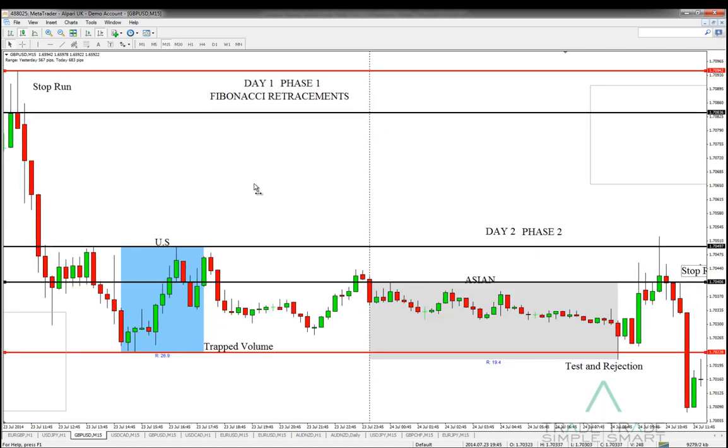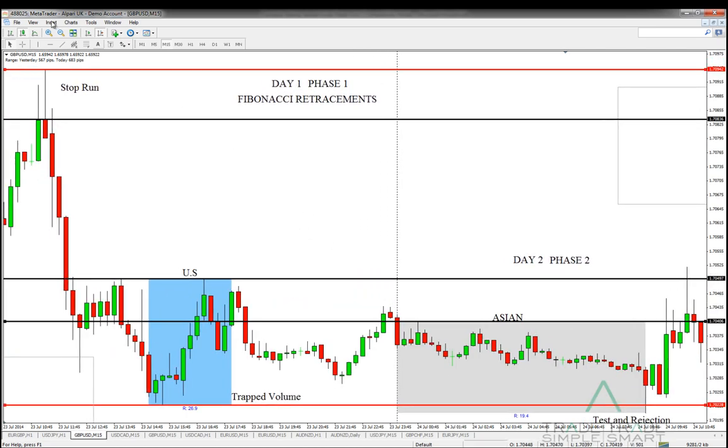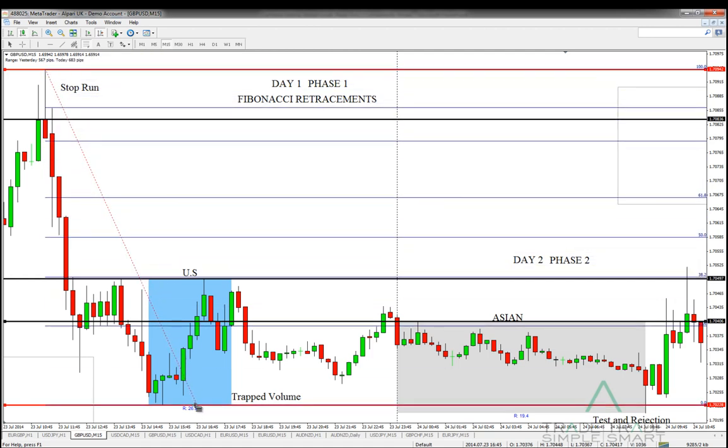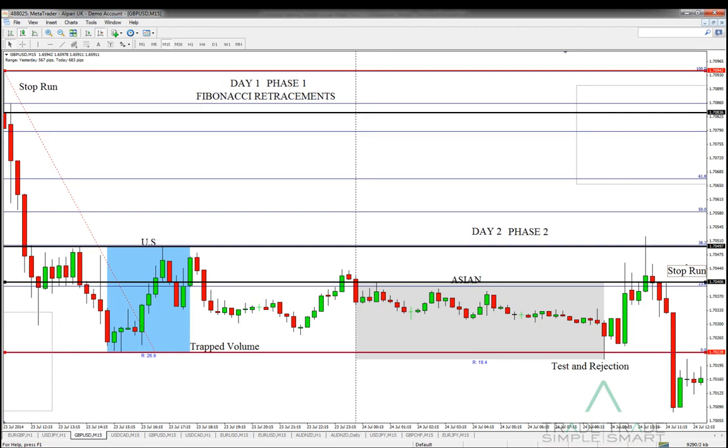out of the market. Okay, so I will apply the fib tool back from the high to the low of the previous day's session, and we can clearly see that we have an overlap of the Japanese highs with the 0.236, and we also have an overlap of the second horizontal zone with the 0.382 internal retracement.